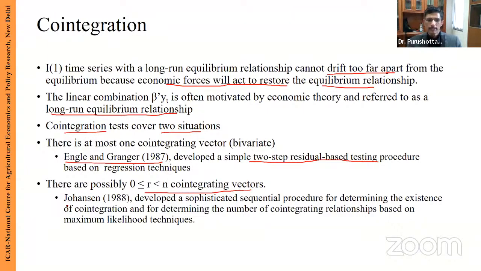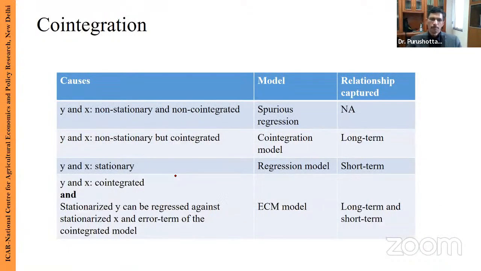So for that, there is the Johansen methodology. Johansen proposed it in 88, and he developed a sophisticated sequential procedure for determining the existence of co-integration, and the number of co-integrating relationships, based on the maximum likelihood technique. So both these tests we would try to understand.